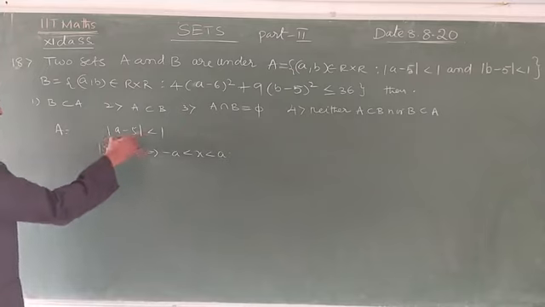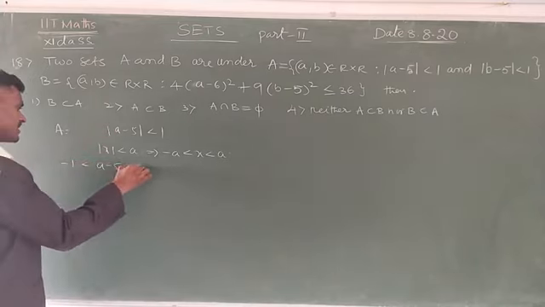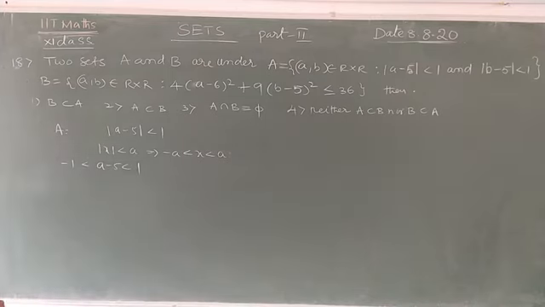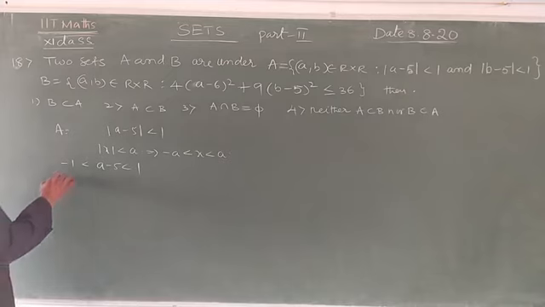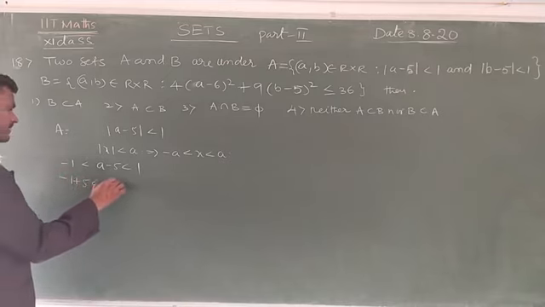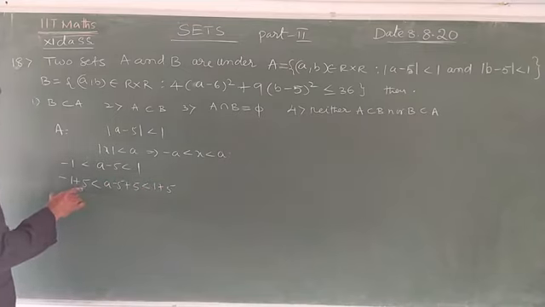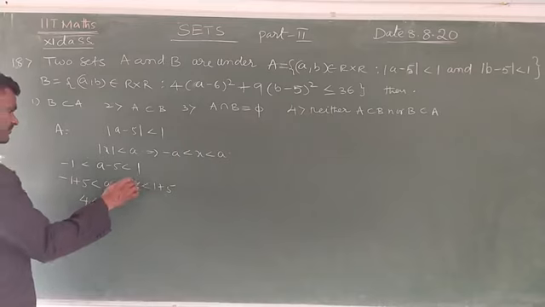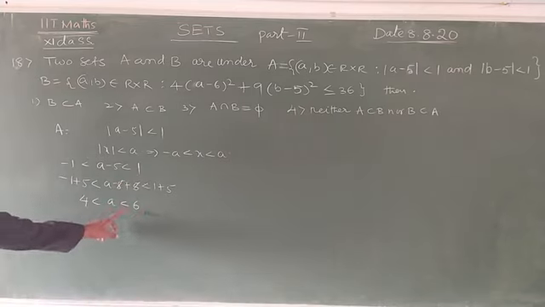So minus 1 is less than a minus 5 is less than 1. Now add 5 to this whole inequality. Minus 1 plus 5 means 4, and a minus 5 plus 5 is less than 1 plus 5. So 4 is less than a, a is less than 6. This a lies between 4 and 6.